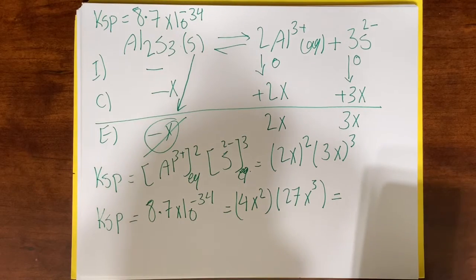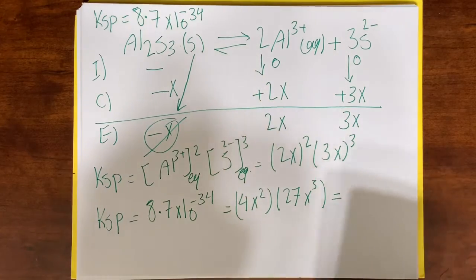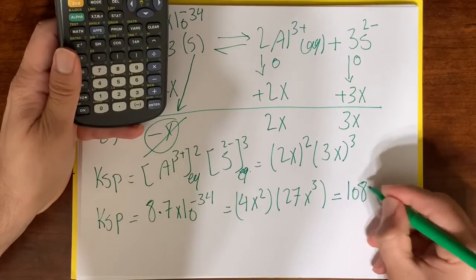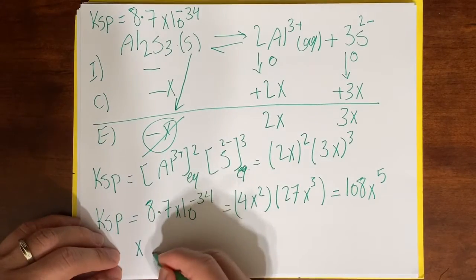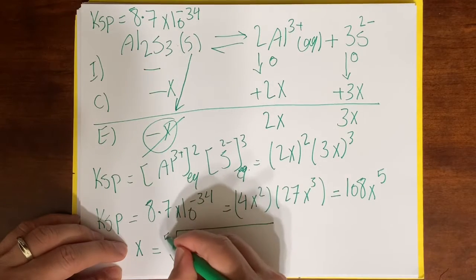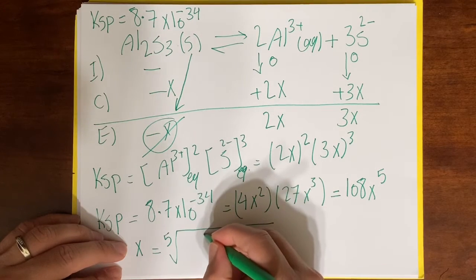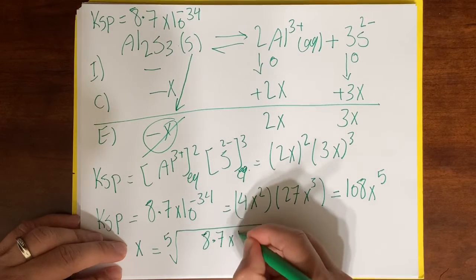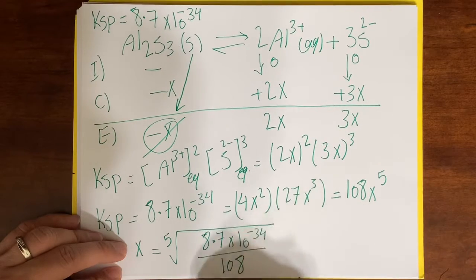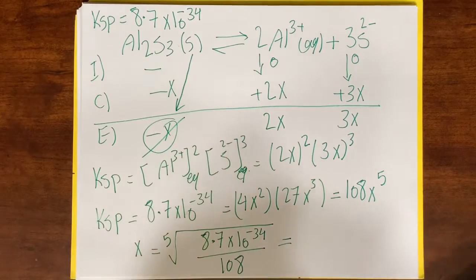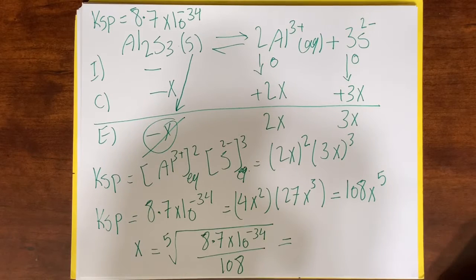Okay, so we go 4 multiply 27, and that's going to be 108x to the fifth. So x is going to be the fifth root of KSP, 8.7 multiply 10 to the power of minus 34 divided by 108.